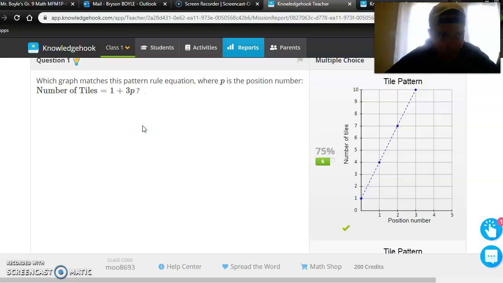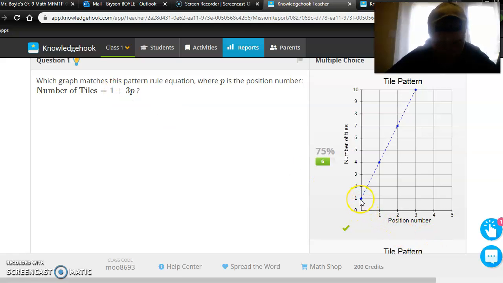So in this example, we're going to start at 1. And then for each position number, 1, 2, 3, 4, 5, it's going to go up by 3. So let's try to find the graph that matches. So if I put 0 in for p, 3 times 0 is 0, plus 1 is 1. So at 0, it should be 1.